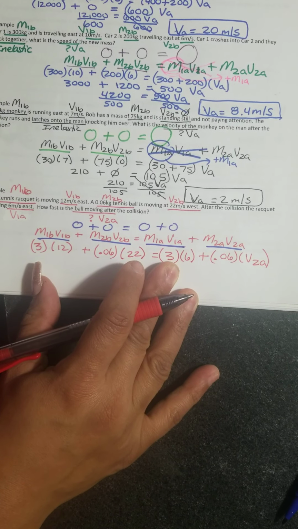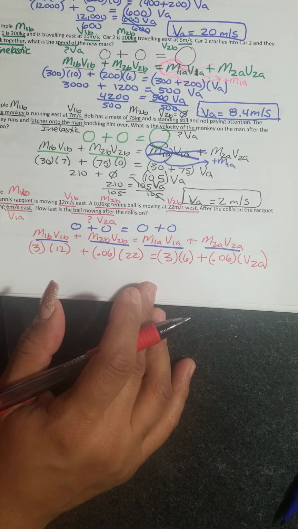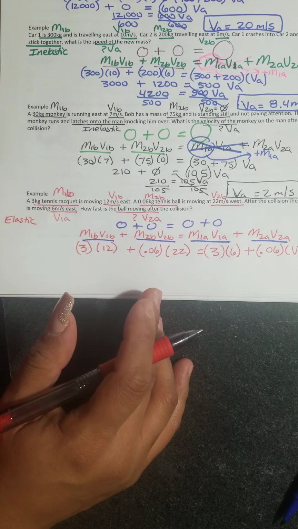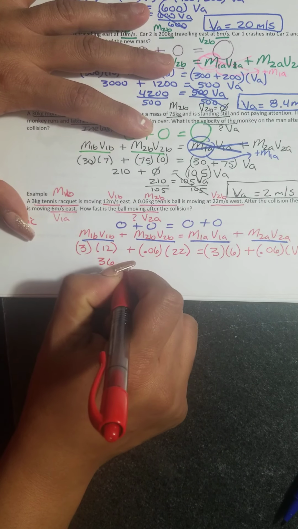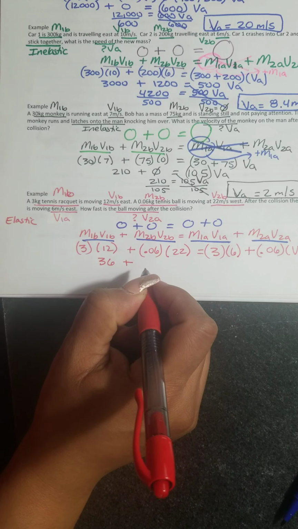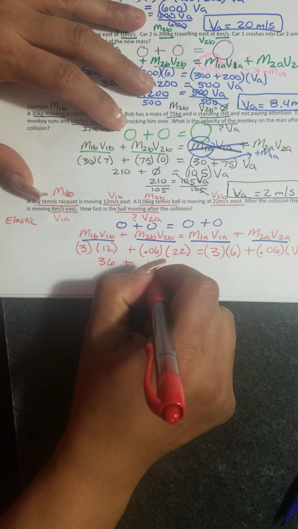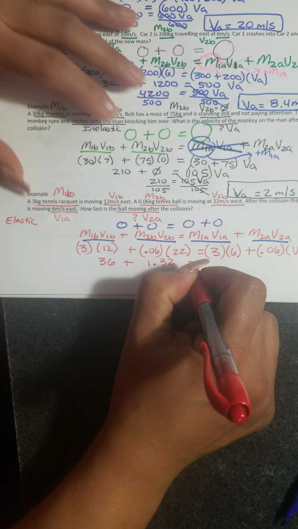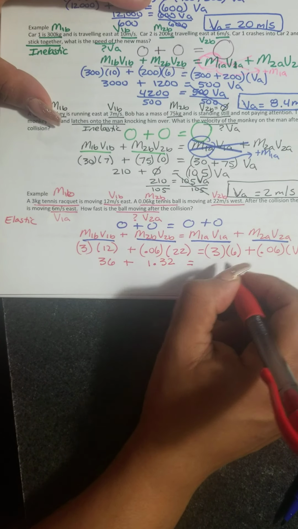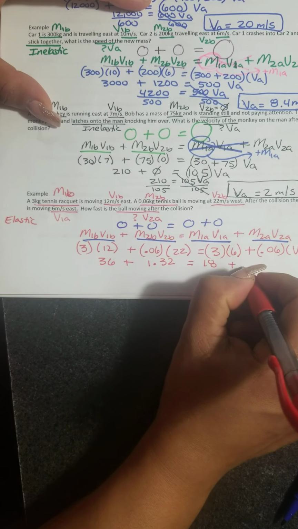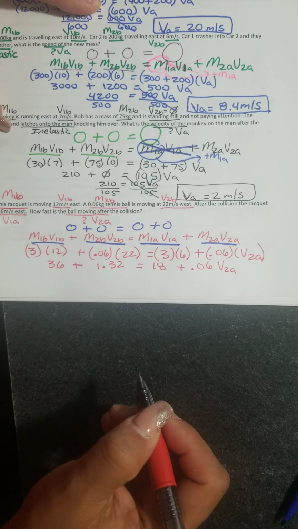Let's go ahead and finish our multiplication, our order of operations. I'm going to multiply 3 times 12, which is 36, plus 0.06 times 22, which is 1.32, equals, we want to make sure, 3 times 6 is 18, plus 0.06 V2A.